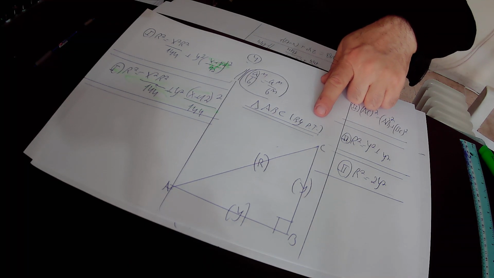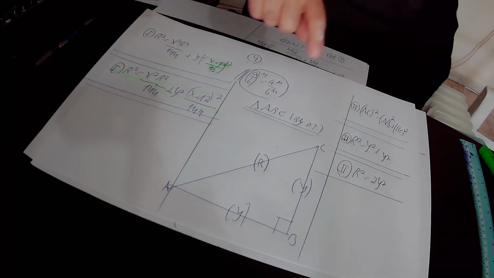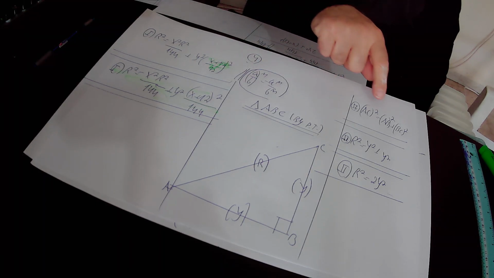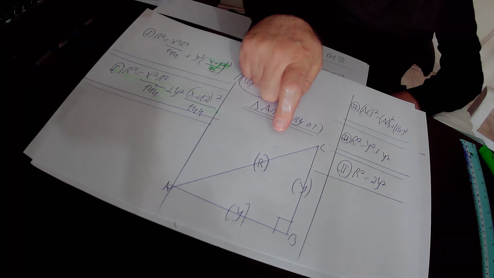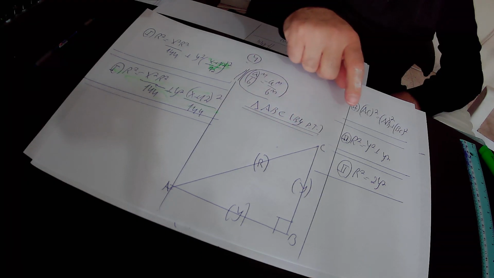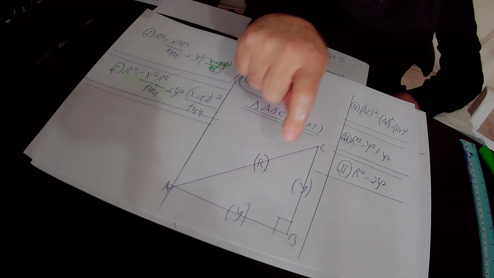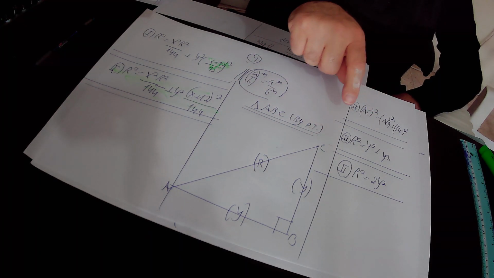According to the Pythagorean theorem, in this right triangle ABC, AC squared equals AB squared plus BC squared. AC is R, therefore AC squared is R squared. AB is y, therefore AB squared is y squared, plus BC squared. BC is also y, therefore BC squared is y squared.